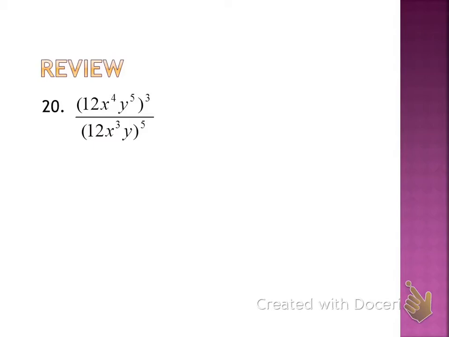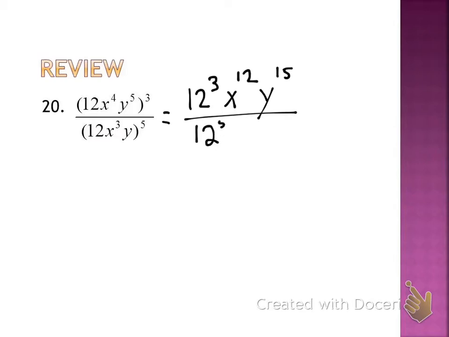Okay, I am going to write this one out as well. So what I can do is do 12 to the 3rd, x to the 12th, y to the 15th, over 12 to the 5th, x to the 15th, y to the 5th, right? 1 times 5.